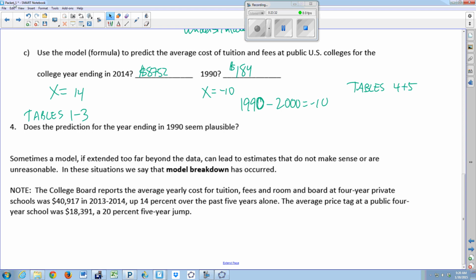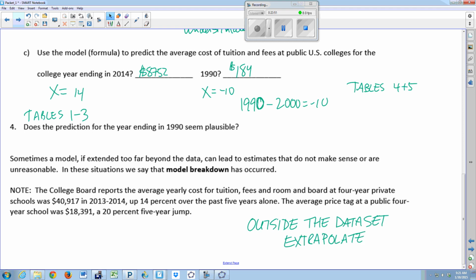So you've got to always be careful when you're using a model not to go too far outside your data set. When you use your model to go outside the data set, that's called extrapolation. When you go outside, E-X-T-R-A, extrapolate, okay?